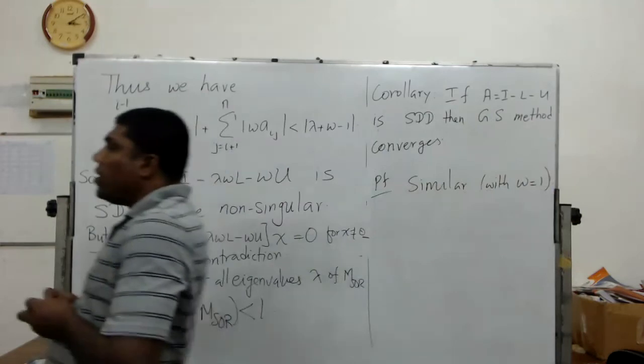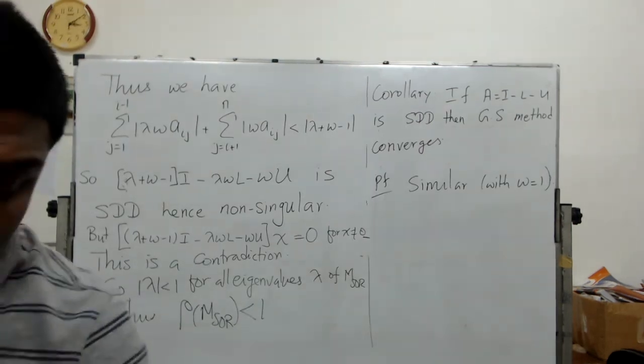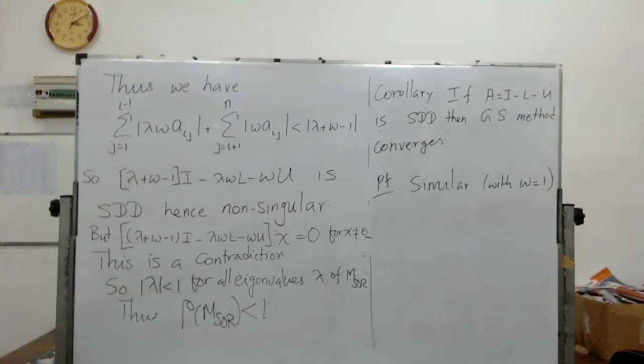The corollary of this theorem is obviously a special case of what we wrote here. For any coefficient matrix A, with A written as I minus L minus U, that is strictly diagonally dominant, the Gauss-Seidel iteration also converges. The proof is very similar. The only difference is you put omega equal to 1. When you put omega equal to 1, only the mechanical work changes, but other than that, nothing else changes.